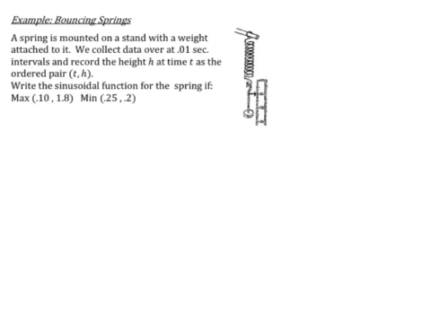And so that gives us 1.6 divided by 2, which is 0.8. So there's our amplitude, 0.8 meters. Now we need to figure out where the middle of this is, the vertical shift. And so we'll call that value our k value.